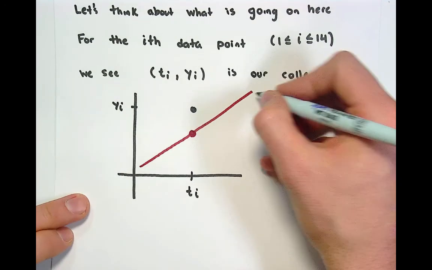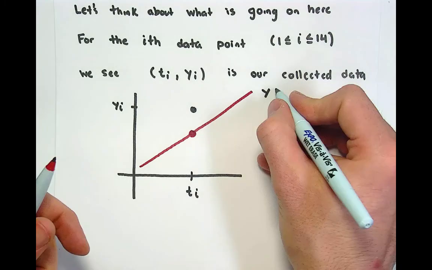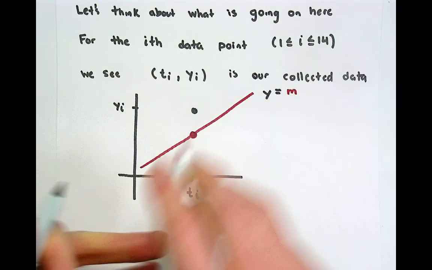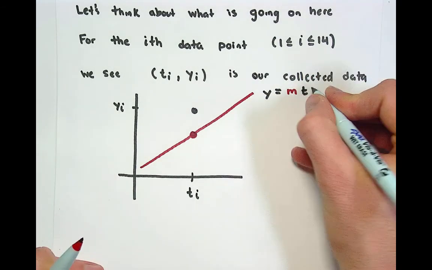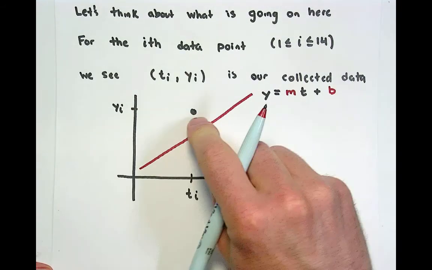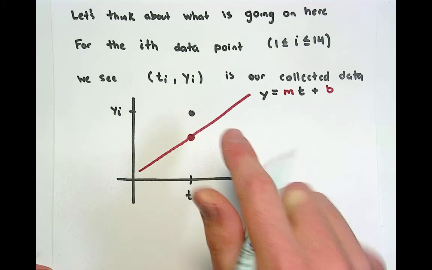Because there's error in the way that we collect data. Depending on how I choose my m and b, the collected output value might not be the modeled output value.